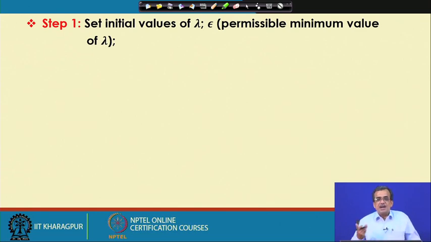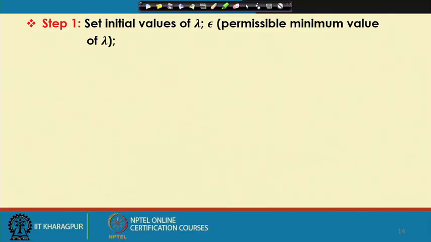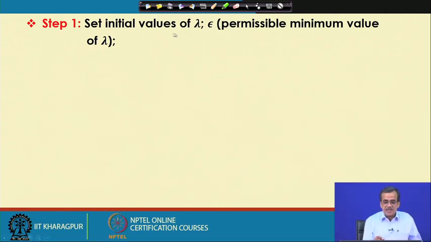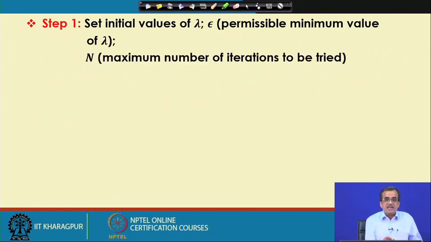Supposing that I am solving one minimization problem, let me concentrate on step 1. We set initial values of lambda, that is the step length, and epsilon, that is the permissible minimum value of lambda, and capital N indicates the maximum number of iterations to be tried.